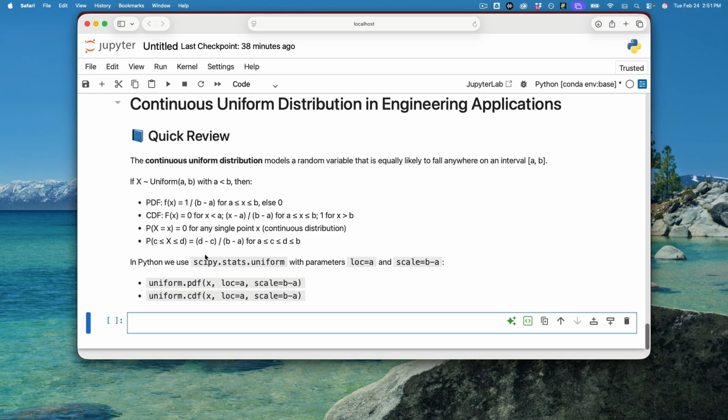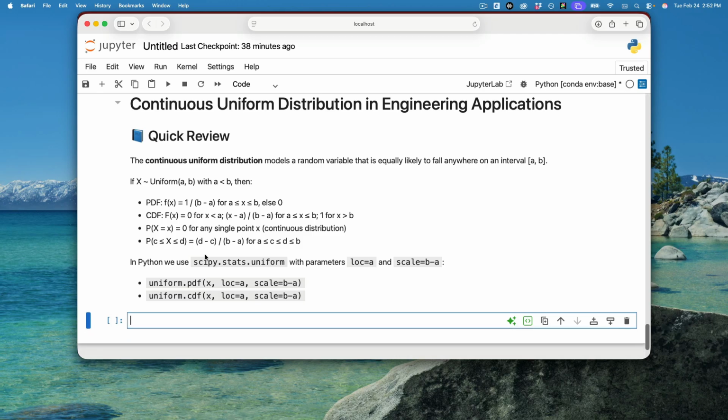So the uniform distribution is a continuous probability distribution defined over an interval A and B. It's a finite interval. And once you know A and B, you automatically know what the PDF is and what the CDF is. We have the formulas in the textbook, and you also have the formulas to compute the probabilities, but we're going to use Python for this.